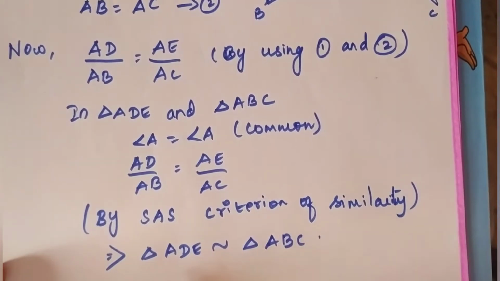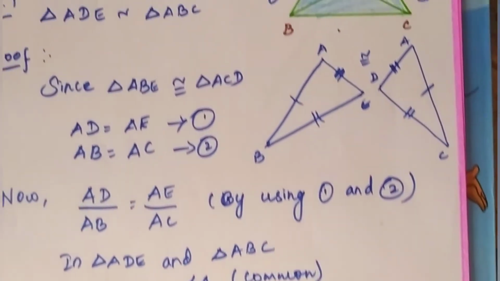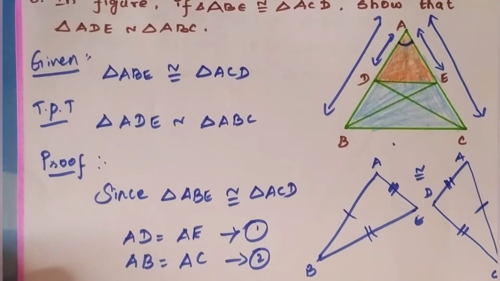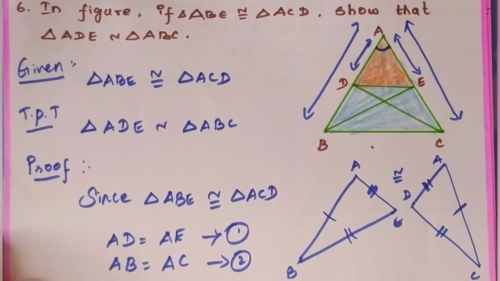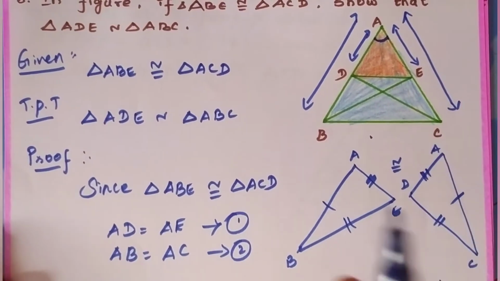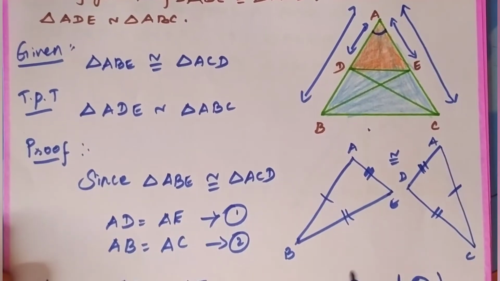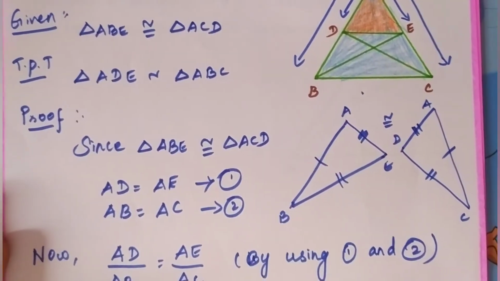Now we concluded that the two triangles are similar. Clear all of you? From the given we have to see how we can prove the theorem and identify the similarity criterion. Which similarity criterion we have to use, that we have to check. Okay, after that we can proceed with the problem.